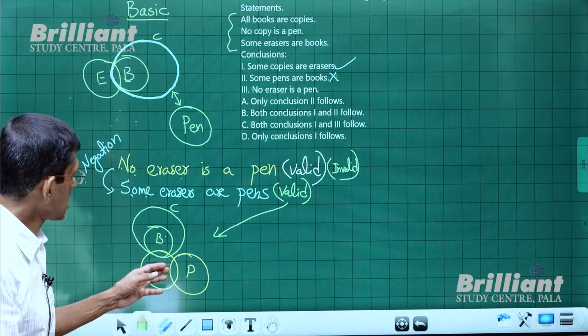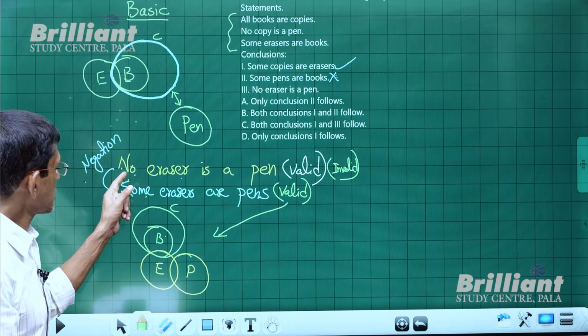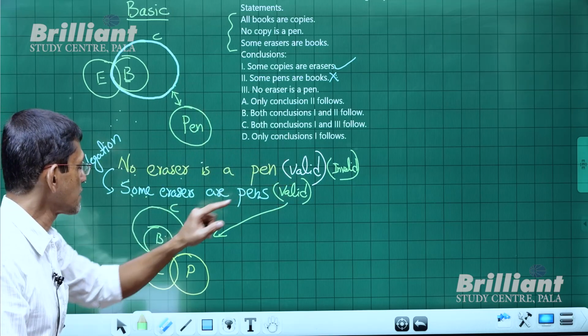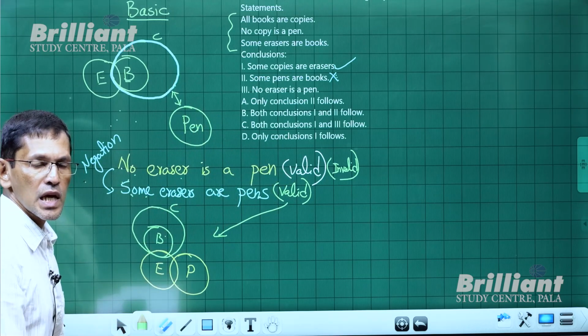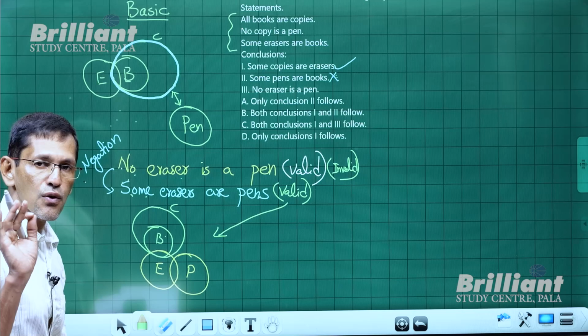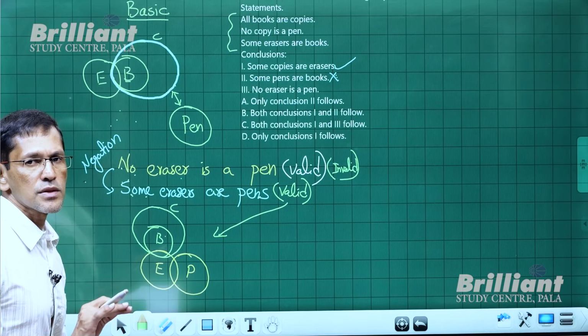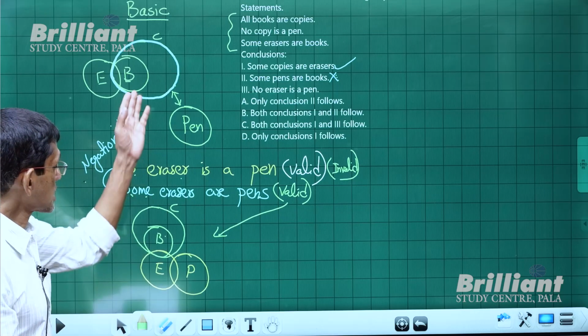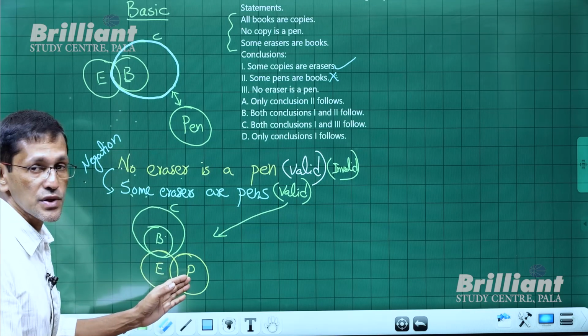So ultimately, this conclusion is valid for the basic diagram, however, it's invalid for the new diagram. If a conclusion follows the statements, then it must be valid for the basic diagram and it must be valid for the new diagram as well.